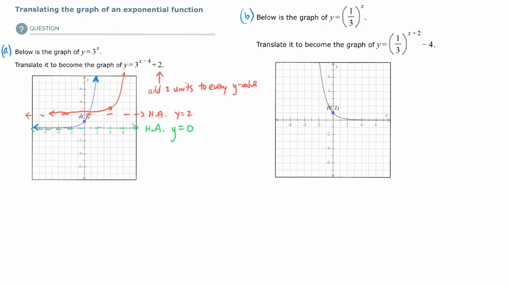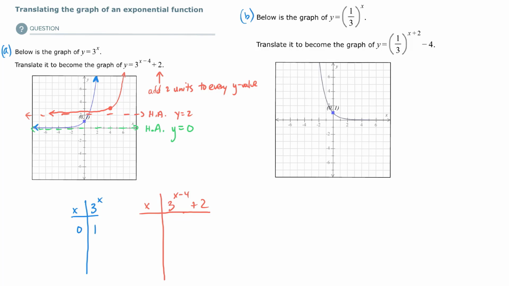So let's recap what took place. You took an x and then 3 to the x, and you took that 0, 1, and you actually translated that. How are we translating that? We're doing a lot of things.